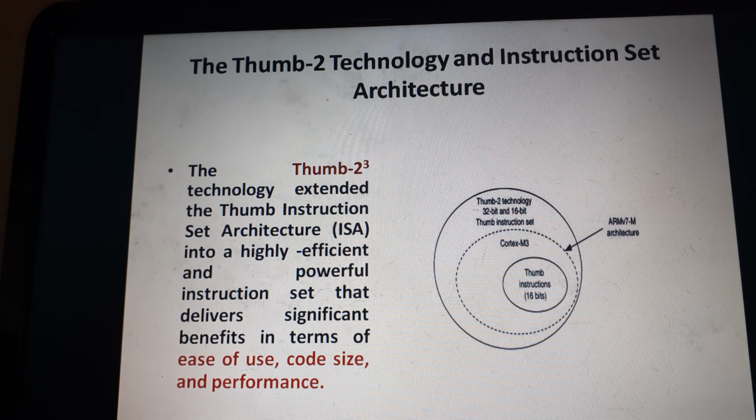Due to that reason, a few common instructions like move, add are also possible to implement using the Thumb instruction set, and the equivalent ARM instruction is also available. But the ARM instruction consumes 32-bit space. The Thumb instruction consumes 16-bit space.